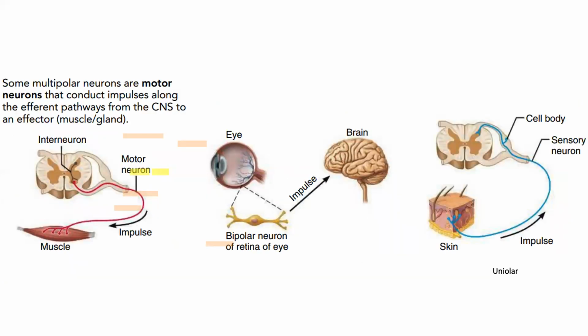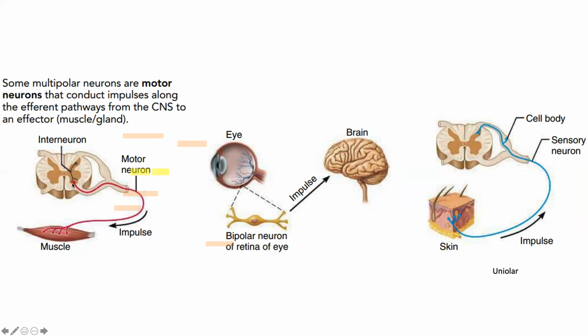Multipolar neurons are usually found in the motor neuron. If you look at this diagram, this is the cross-section of the spinal cord. You can see the dark color, which we call gray matter, which is H-shaped here, and the white matter, which is surrounding the H. And you can see the motor neuron, which is the multipolar neuron, with the cell body here.